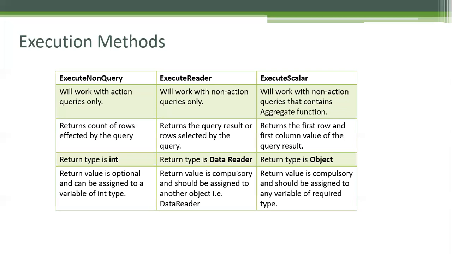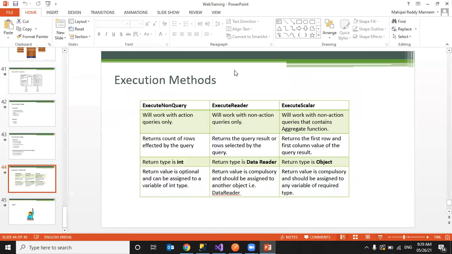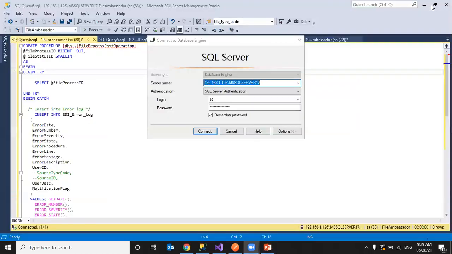Execute scalar works with aggregate functions like min, max, average, sum. Return types: for execute non-query it is integer, execute reader is data reader, execute scalar is object. So this is about execution methods. We will see examples with each.